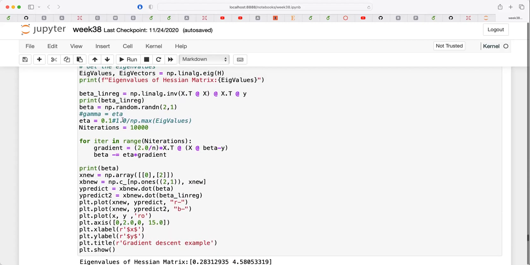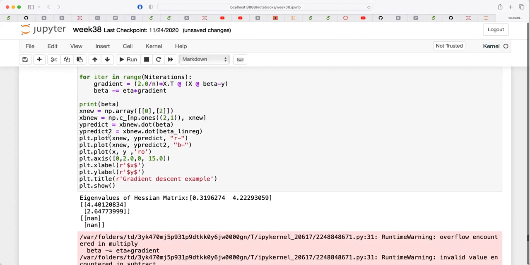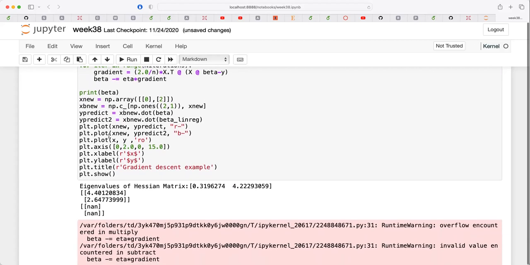Another thing you can look at now, so remember the largest eigenvalue was something like 4 point something. So let's put a step size which is equal to 10 and just see what happens here. And in that case, you're going to get not a number. So what will typically happen then is that you will jump down and then you will jump in and out.